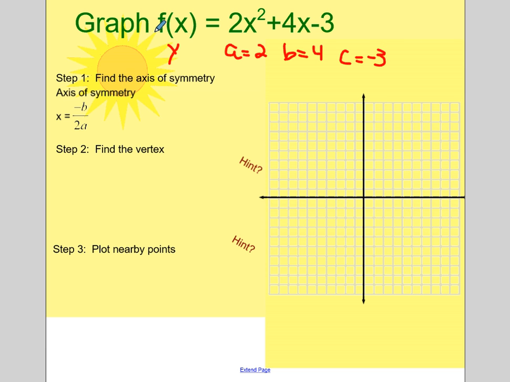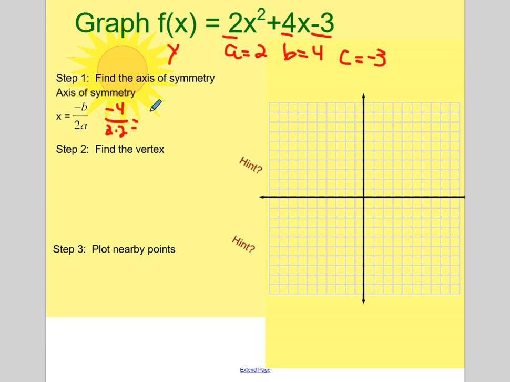And I am getting all this information right here in the formula. Okay, so now I'm going to plug it into this information. I have negative b, so negative 4, over 2a, so 2 times 2.